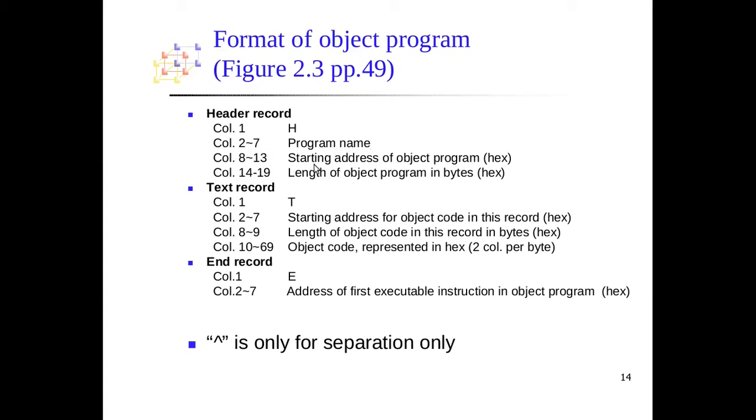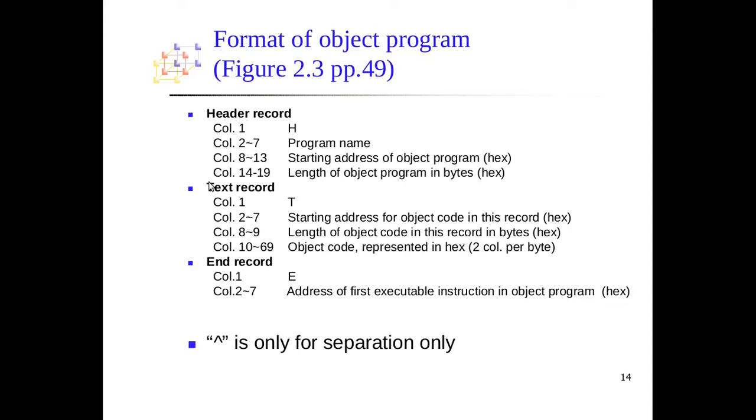Columns 8 to 13 specify the starting address of the object program in hexadecimal, and columns 14 to 19 specify the length of the object program in bytes, also in hexadecimal.